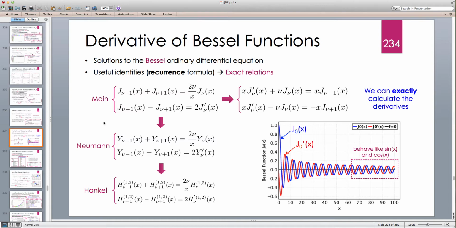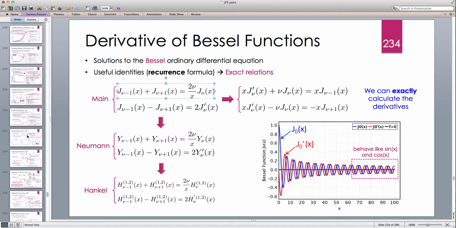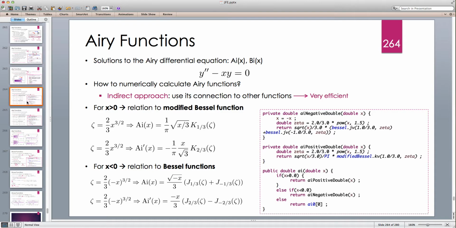If Ai is J 1/3 plus J minus 1/3, you can take the derivative and write the derivatives of the Bessel functions in terms of x J nu minus 1 minus nu J nu over x, and then we can come up with that relation. So you combine that with these recursions, and we can prove the relations that govern the derivatives of Bessel functions. All right. So you take this equation, take the derivative, and you end up with this.